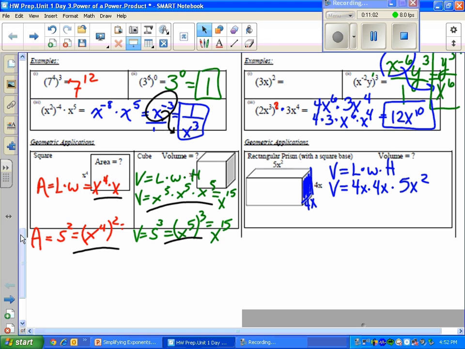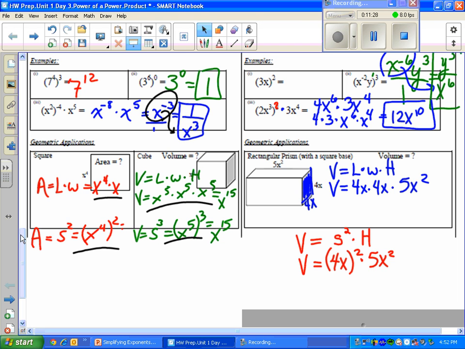Okay. Another way you could do that is to say that the volume, if it's length times width times height, and we know that the length and width are the same thing, we could say just the side of the base squared times the height of the prism. So we could basically say that the volume is 4x squared times the height. Either way you do this, you should arrive at the same answer.